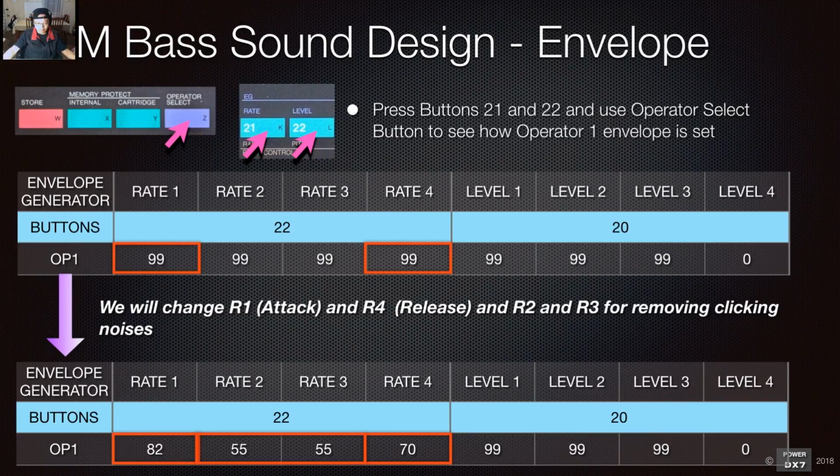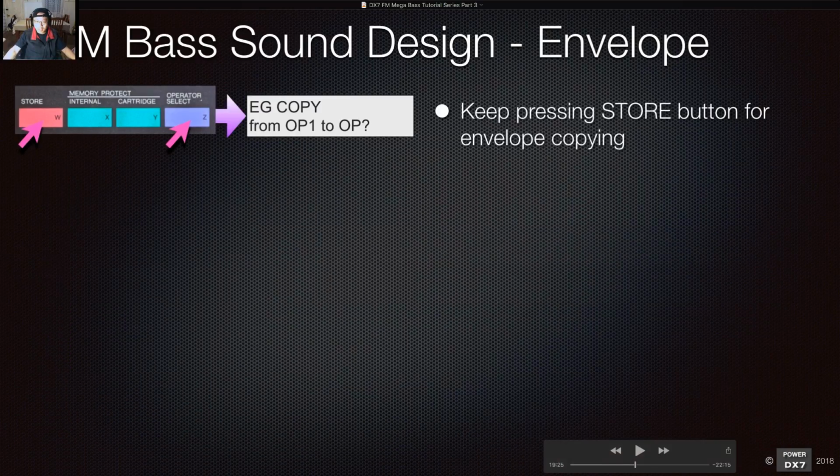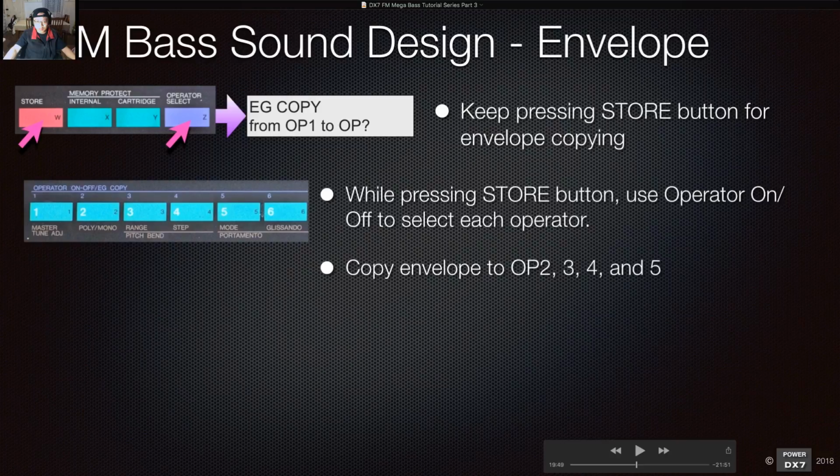So that's that. Once you've done that, we're going to keep pressing the store button for envelope copying. So we're going to copy the envelope. This is what we're going to do. So, operator select.